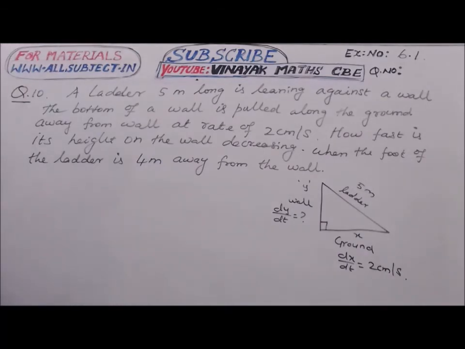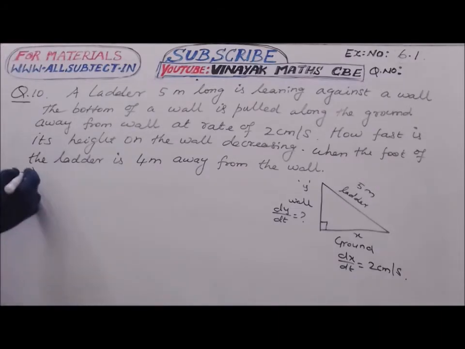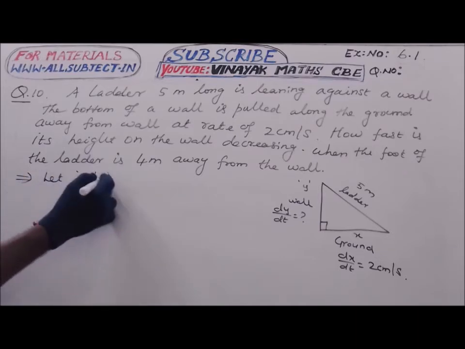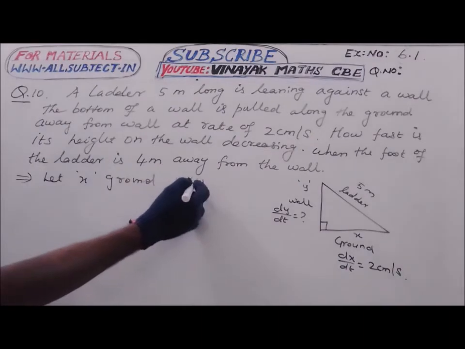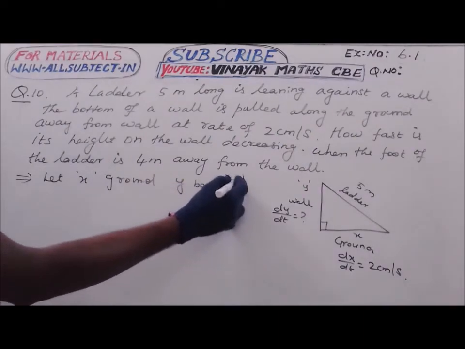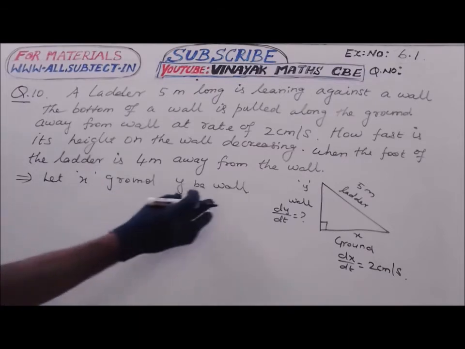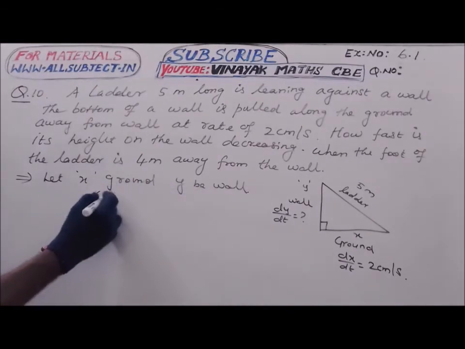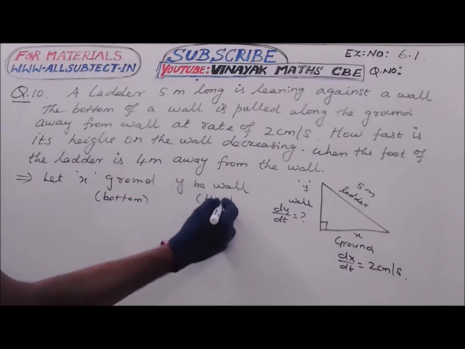This forms a right angle triangle. Let x be the ground, that means the bottom, and y be the wall, that is the height.